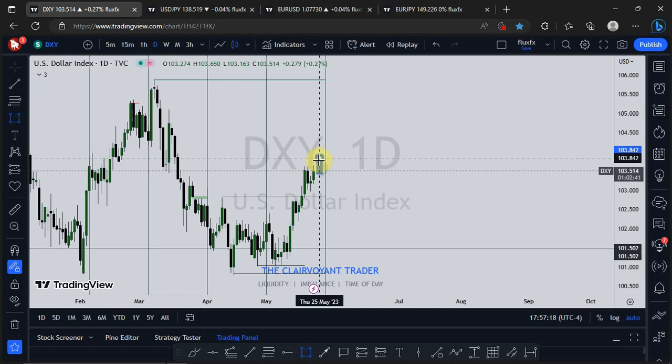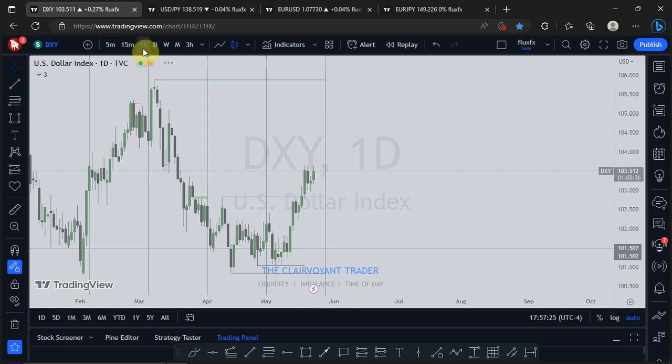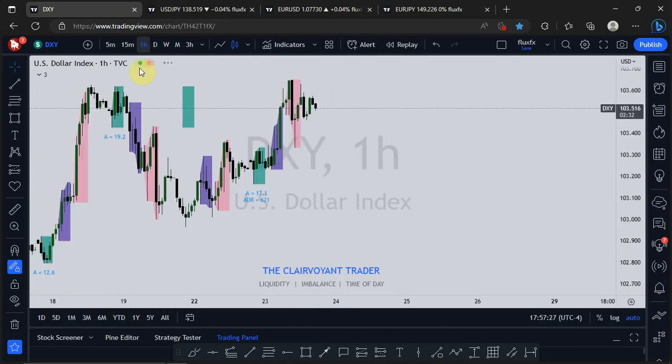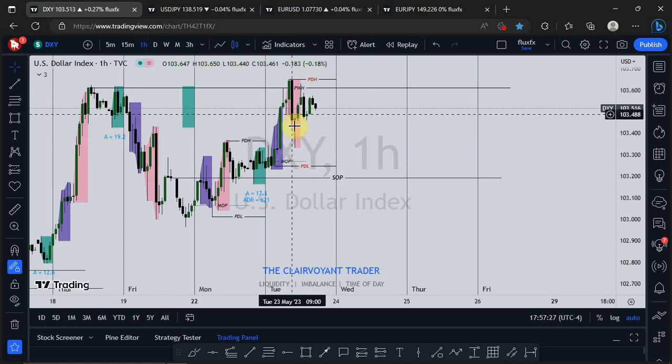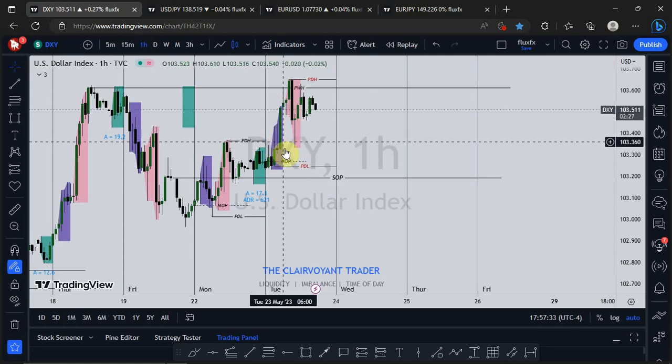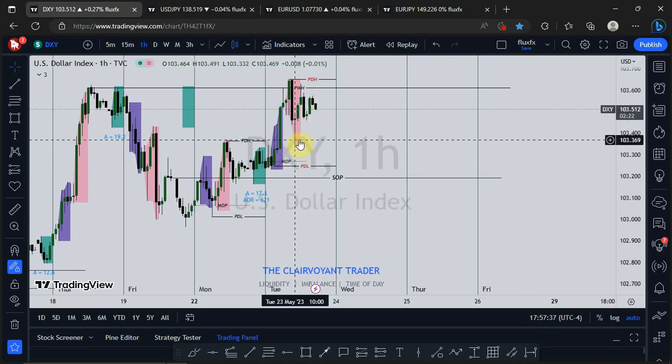All right, let's switch to the 1 hour to see something on the 1 hour. Yeah, so just as you can see, there's a swing low formation. This is the swing low formation that was showing on the daily time frame. I don't want to see price come any closer to this one.